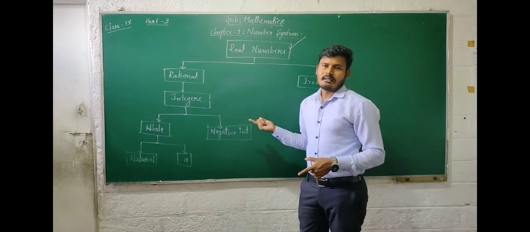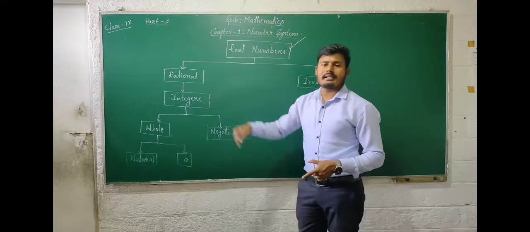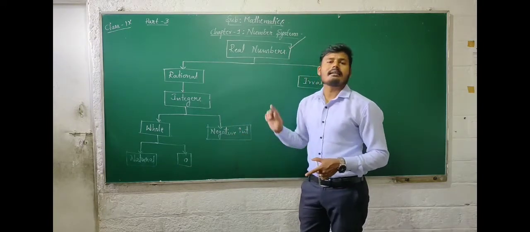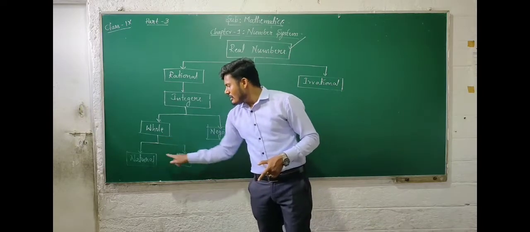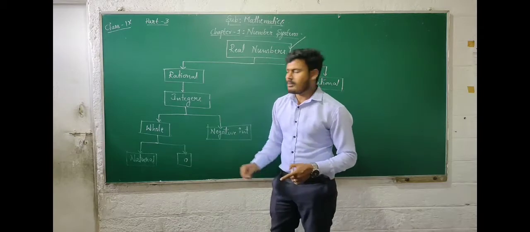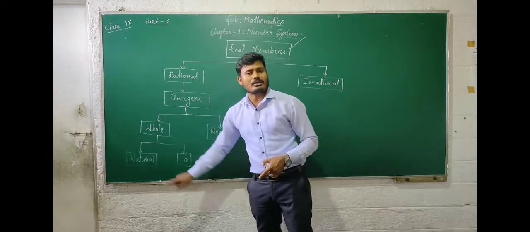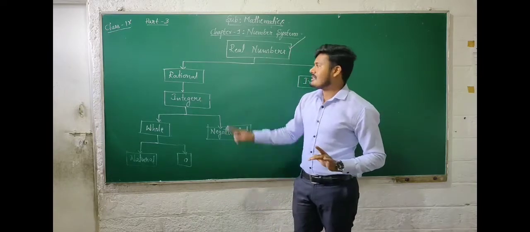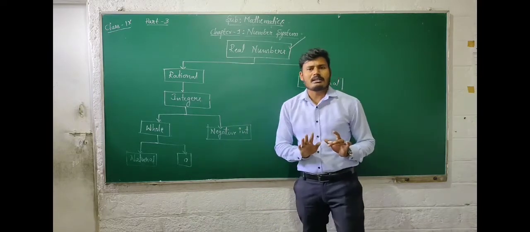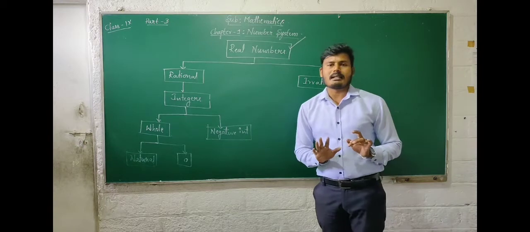Then the negative integers are the additional numbers in integers. Then coming to whole numbers, they include two kinds of numbers: the set of all natural numbers and 0. So this is the representation of numbers in our number system.